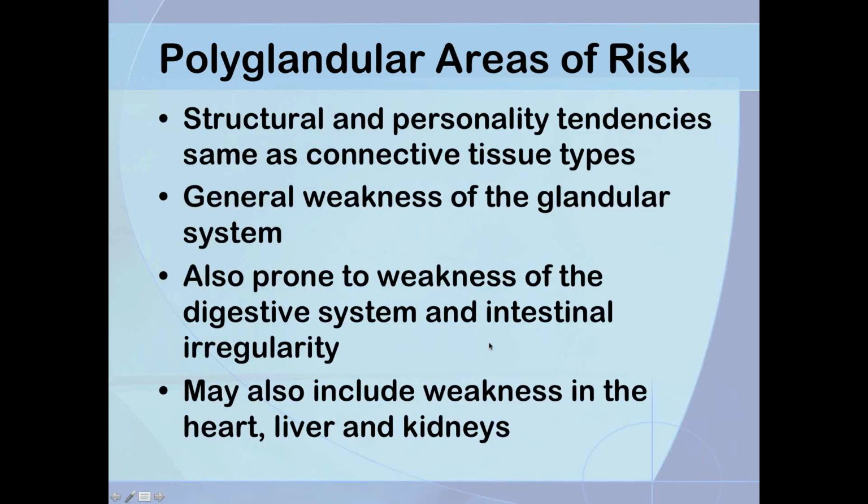So you've got the same structural and personality tendencies as the connective tissue type, but you have this general weakness of the glands and possibly some digestive and intestinal weakness as well. There may also be some weakness in the heart, liver, and kidneys, which are also organs whose map areas touch the edge of the collarette, or the little ridge that runs around the eye.